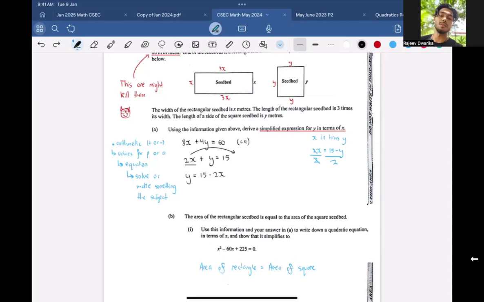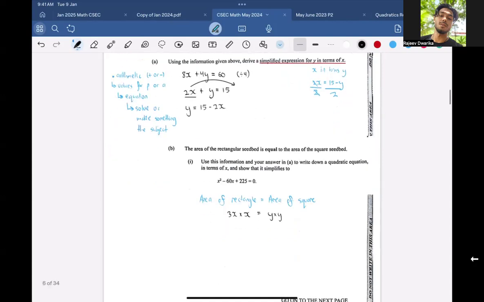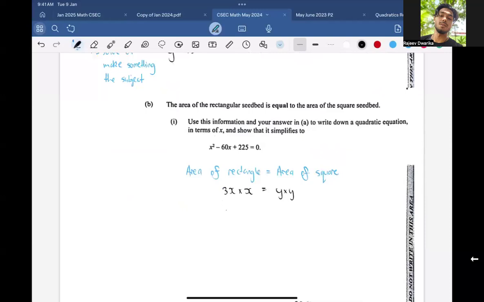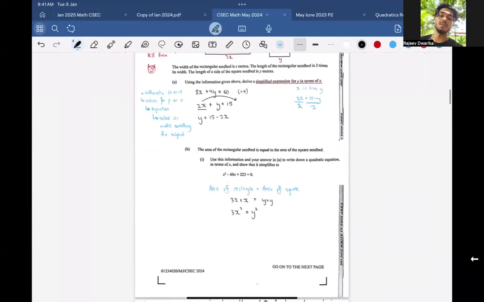Yes, exactly. Good job. What's 3x by x? 3x squared. Right. And what is y by y? y squared. Okay, Healy, you could do this.